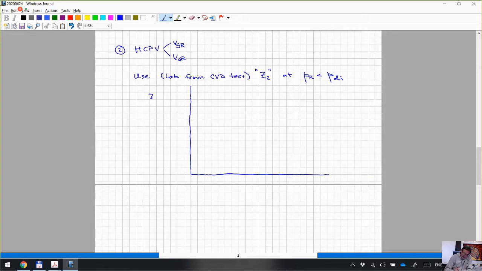So if we look at Z-factor, and I'll put maybe 1 here, this is the dew point. I'm going to draw in red, might look something like that, out to maybe initial reservoir pressure.